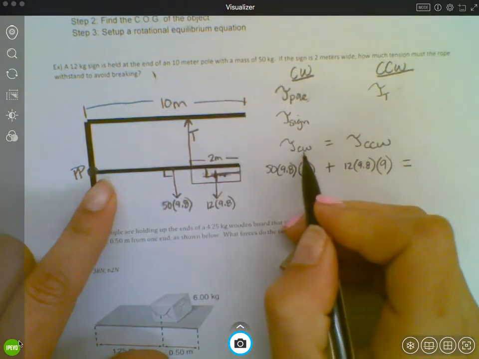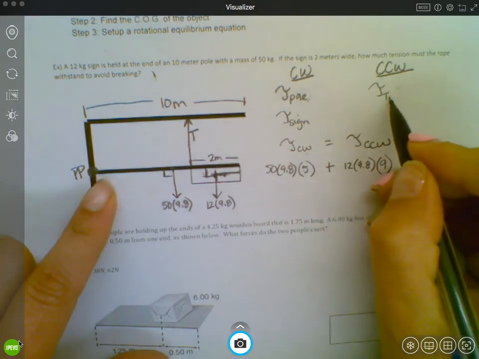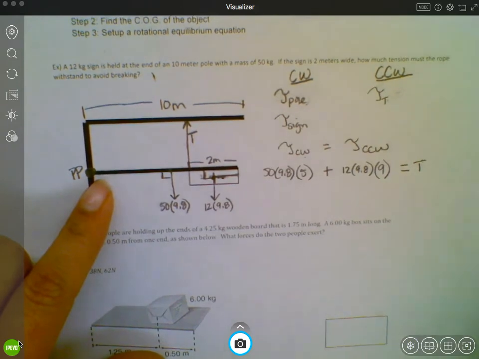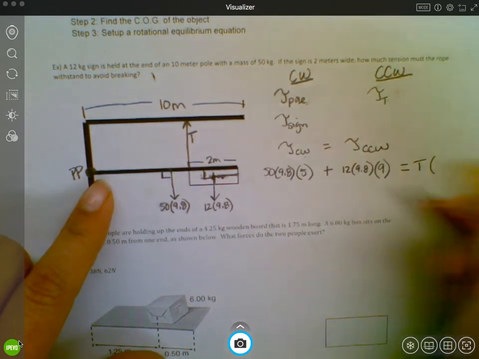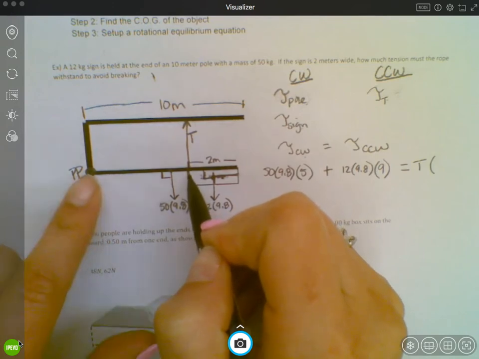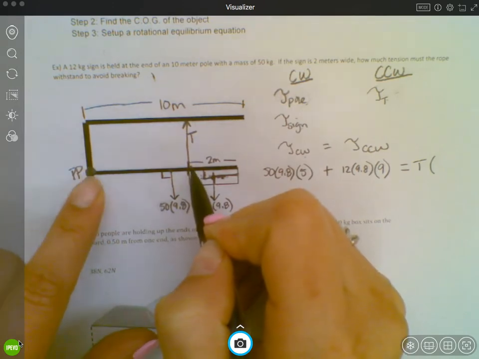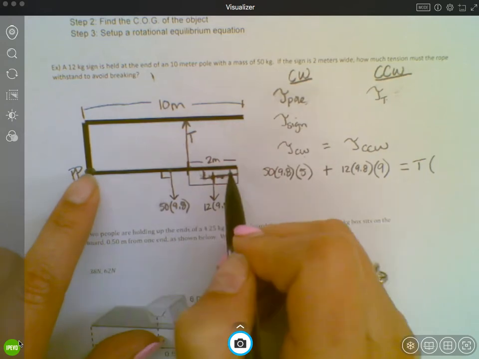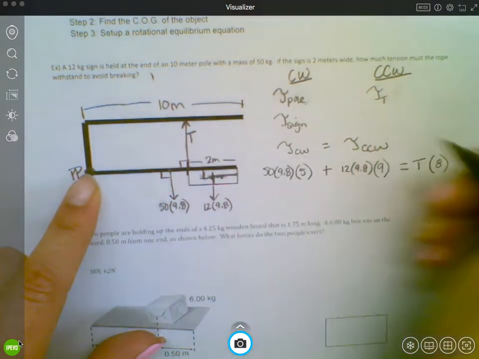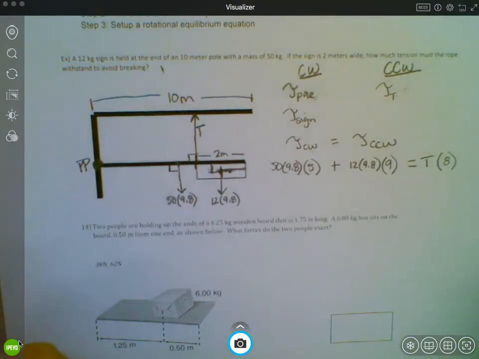Equals, that's all the clockwise torques, equals the torque caused by the tension. The force caused by the tension, we're just going to call it T. We don't know what it is. The R is the distance from the force to the pivot point. If that's 2 and the whole thing's 10, then this must be 8. Also 90 degrees, so we don't have to worry about the sine 90.